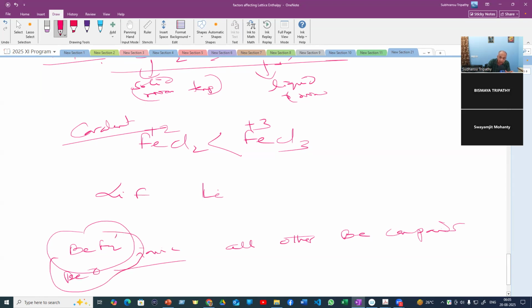All other beryllium compounds are predominantly covalent, because of the high polarizing power of Be2+. Ultimately, Be2+ is ionic, but the polarization effect will make it predominantly covalent in sharing mode.